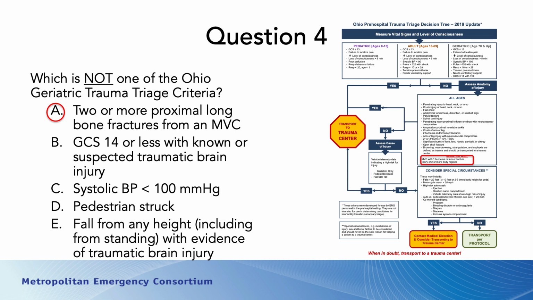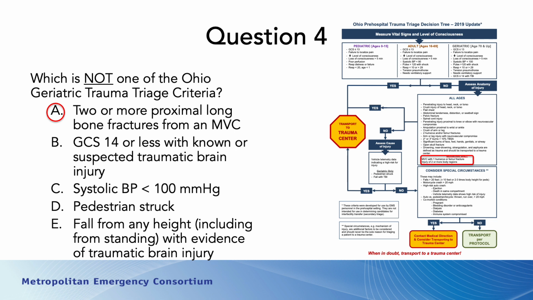So patients who have 1 or more long bone fractures would meet the criteria and need to be taken to a trauma facility. The other 4 criteria listed are correct in terms of what is in the Ohio Geriatric Triage Criteria. It's a GCS of 14 or less with a known TBI. For regular people, it's 13.